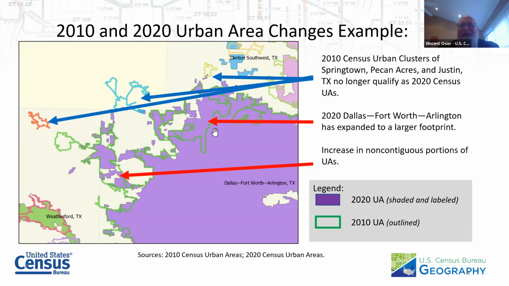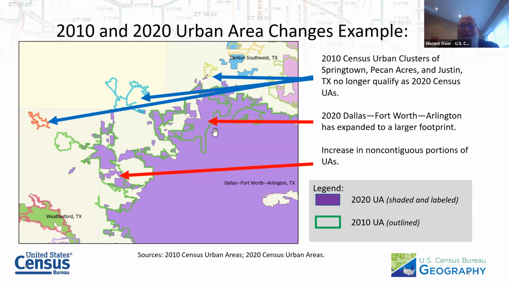Thirdly, I'll point out, like on the west part of the Dallas-Fort Worth, Arlington area, you see the effect of the changes in the hop and jump criteria. A change that I didn't specifically mention, but is part of the hop and jump criteria, is we didn't include those hop and jump blocks that would normally be considered or perceived as rural.